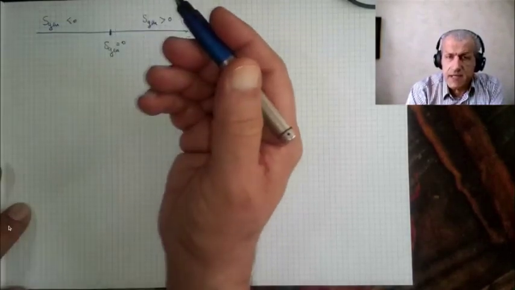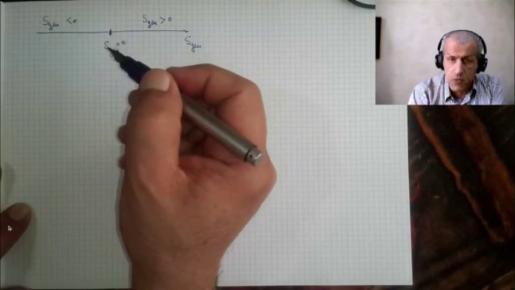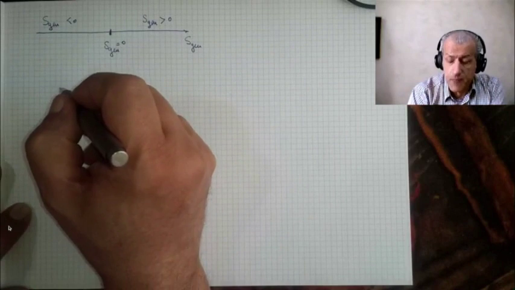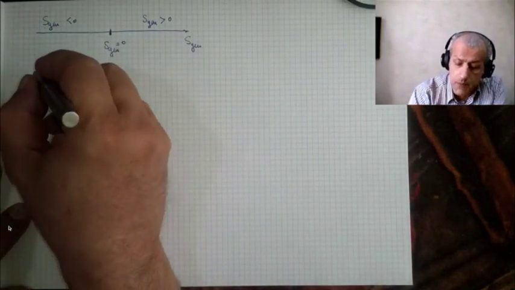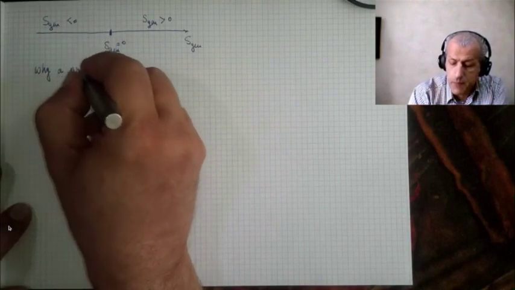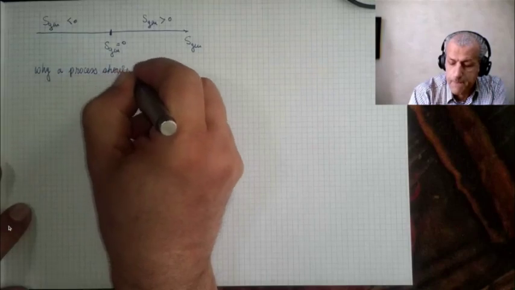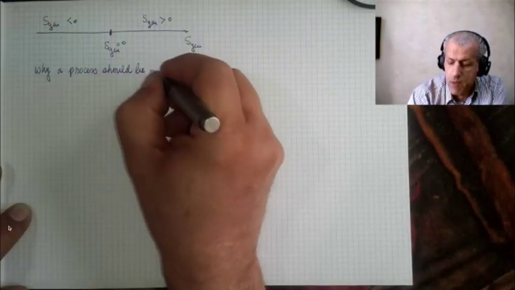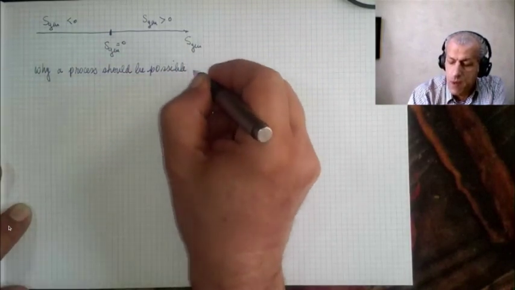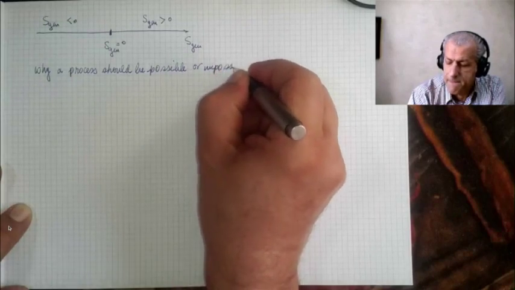To see what physically this could mean, we would simply answer this question: why should a process be possible or impossible?